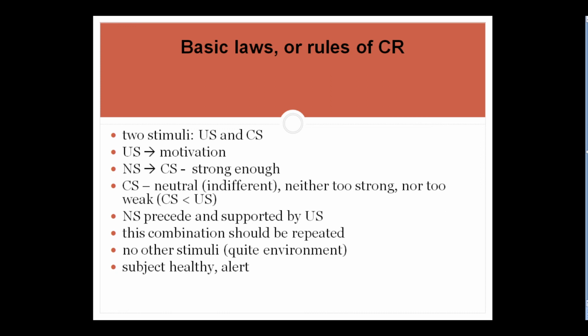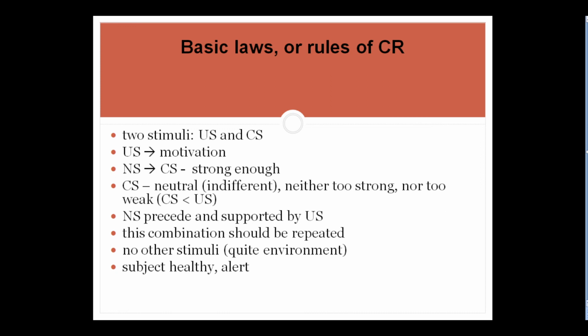Then the conditioned stimulus must be neutral or indifferent, which means by itself it shouldn't produce any particular response. And it has to be neither too strong nor too weak. Because, for example, if you use too loud a sound, the dog might get scared, and here you will have a defensive reflex. And obviously there will be no conditioned reflex developed in this case.